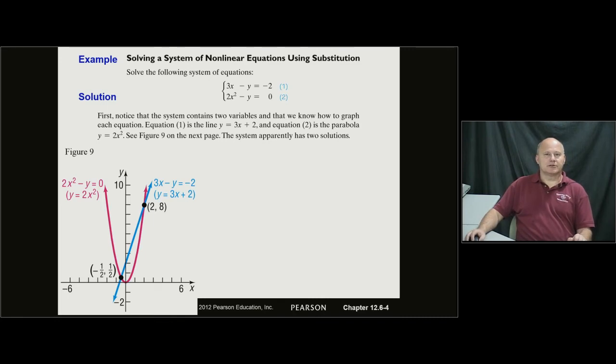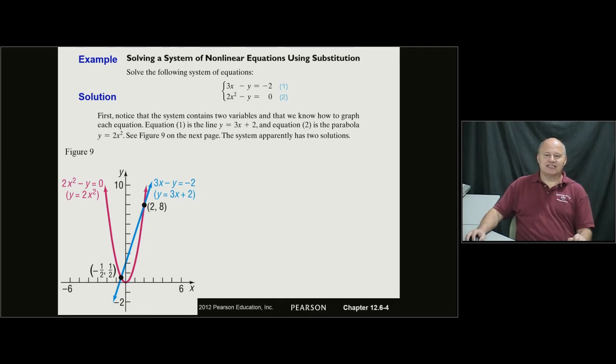It appears that the two graphs are crossing at negative 1/2, 1/2 and the other one is at 2, 8. You could say, well, I could probably see that one, 2, 8. But the negative 1/2, 1/2 is kind of in between, and not knowing that it's negative 1/2, 1/2, just by looking at the graph, probably is not going to happen.